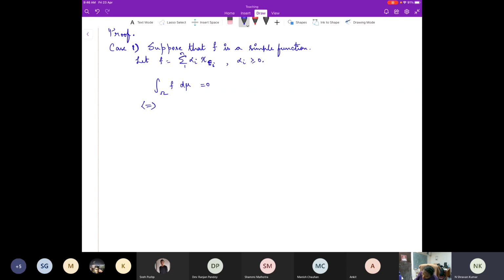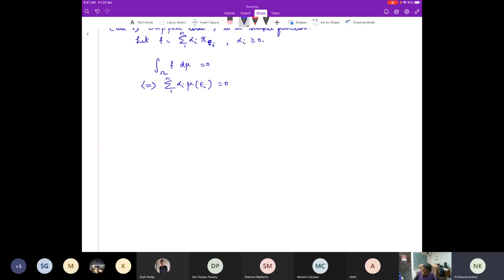This is equivalent to saying that the summation from 1 to n of alpha i mu of Ei is 0. All the alpha i's and mu Ei's are non-negative, so alpha i mu Ei is greater than or equal to 0.